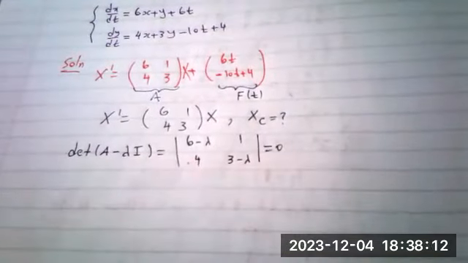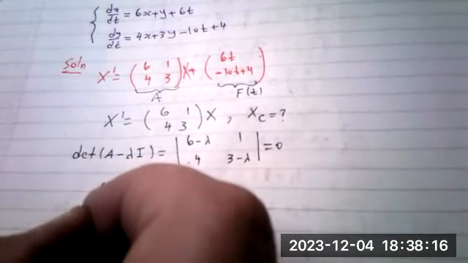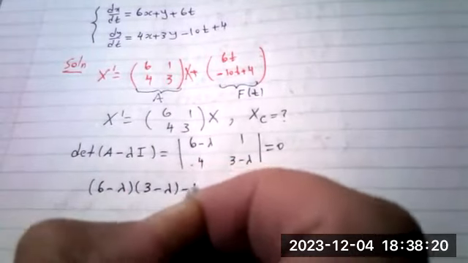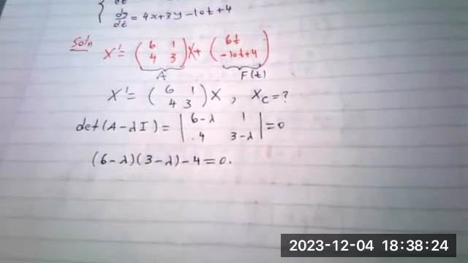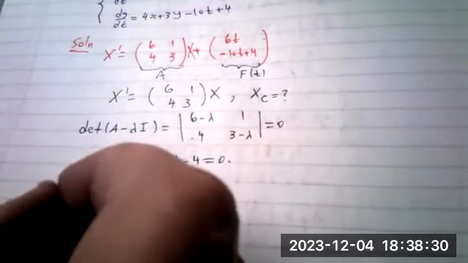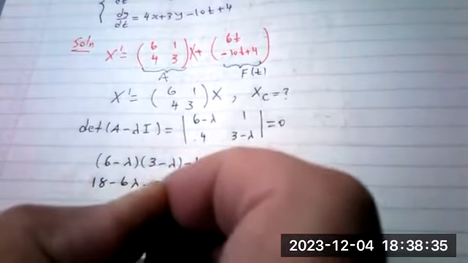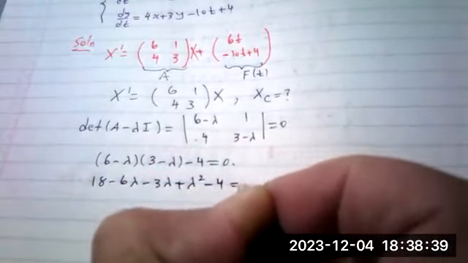Carefully get the determinant. So we end up with 6 minus lambda times 3 minus lambda minus 4 equal to 0. Expand it: 18 minus 6 lambda minus 3 lambda plus lambda squared minus 4 equal to 0.